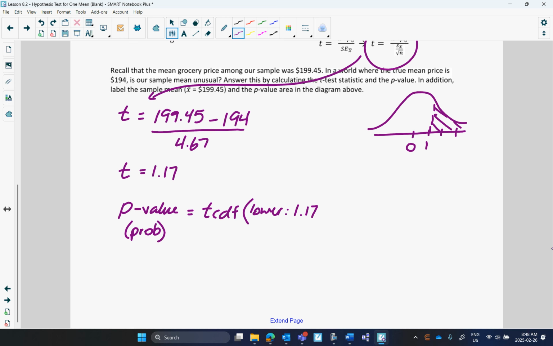We're trying to find the area to the right, so our upper boundary is going to be a ridiculously large number, 1,000. And our degrees of freedom, remember, is sample size minus 1. Our sample size was 31, so our degrees of freedom is 30.